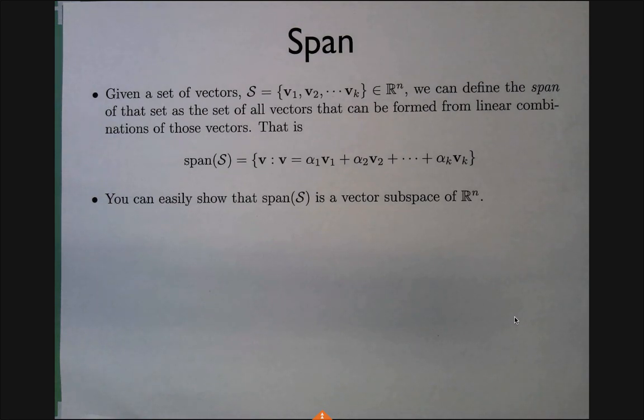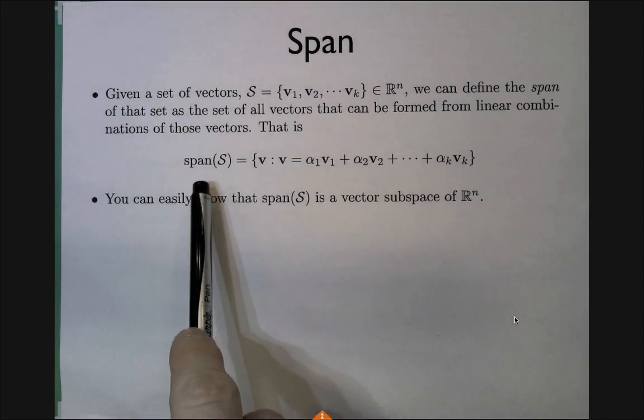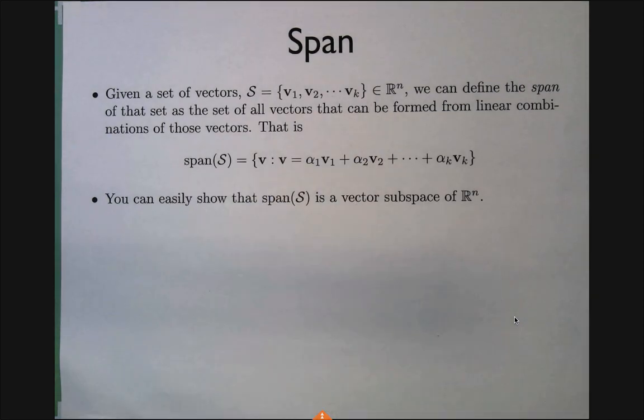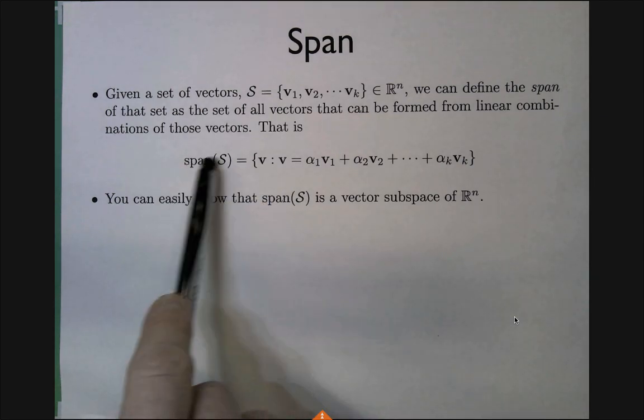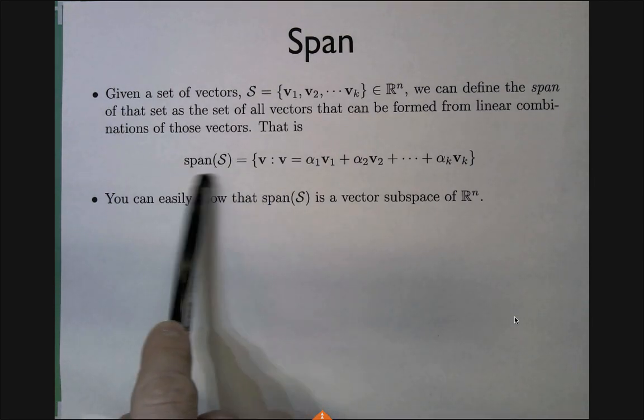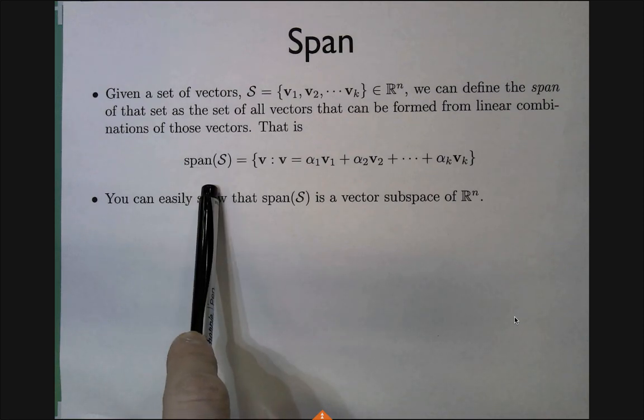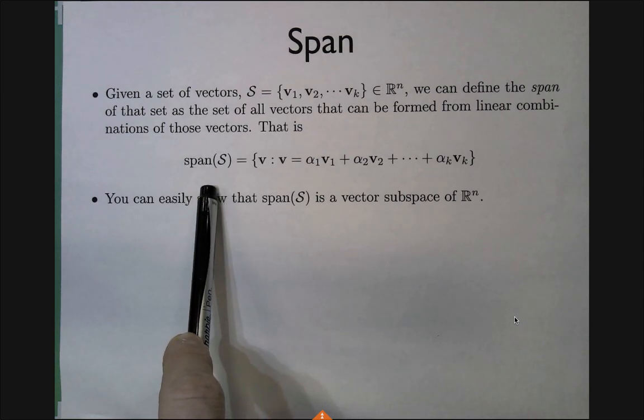There is also other terminology, like linear hull or the vector subspace generated by these vectors. It's fairly easy to see that the span is a vector subspace, which is why I'm introducing it in this context.